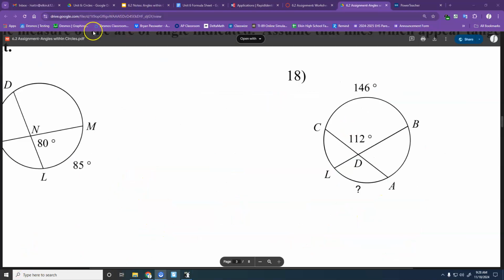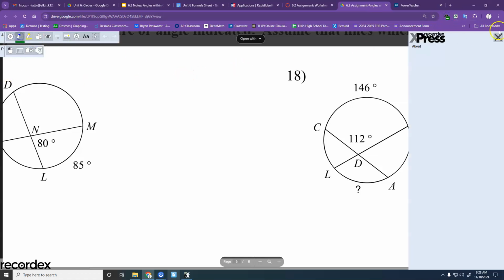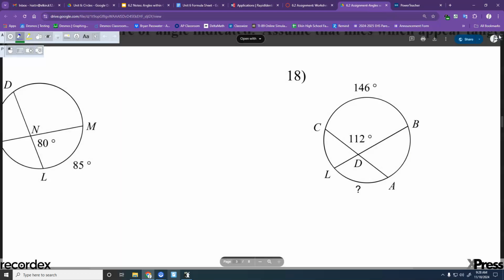so for this one, you're taking this arc plus this arc and dividing it by 2 to get the middle one. So 146 plus x divided by 2 is supposed to equal 112.